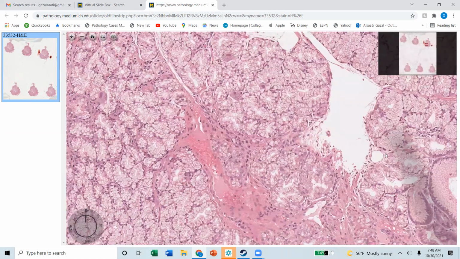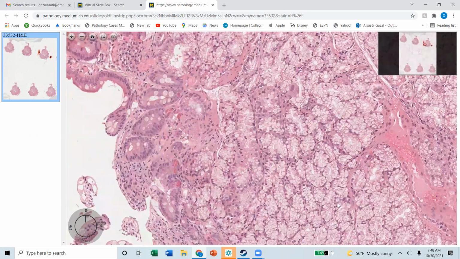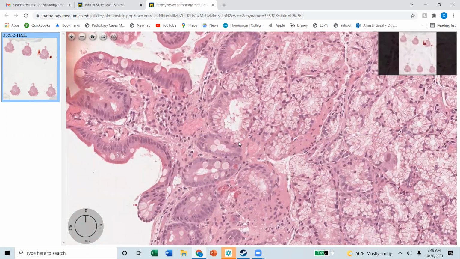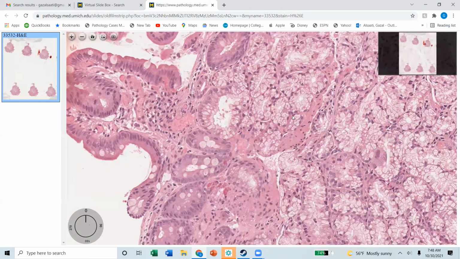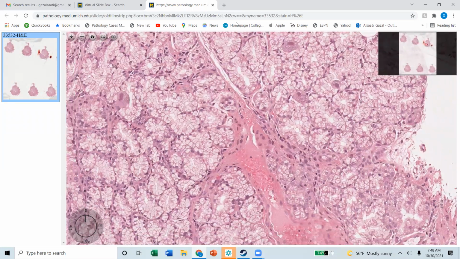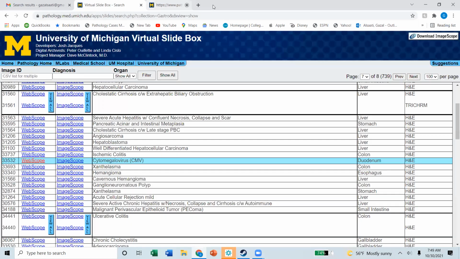The big one. Oh, this one, it's jumping at you. Oh my gosh. Oh, there's another one here. Big ones over there. That's so cool. Now we're training our eyes for CMV.